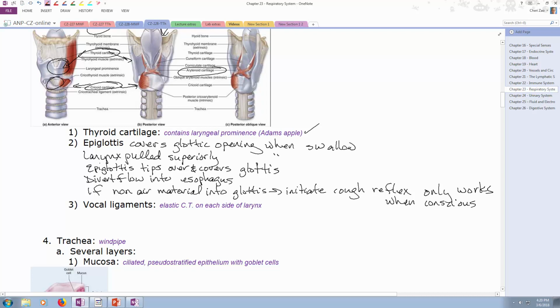So our vocal ligaments, also known as our vocal cords, are actually elastic connective tissue, and they're on either side of the larynx and are responsible for sound production.